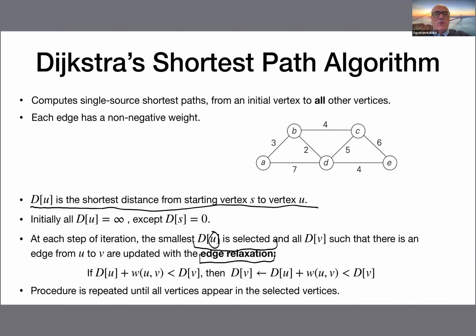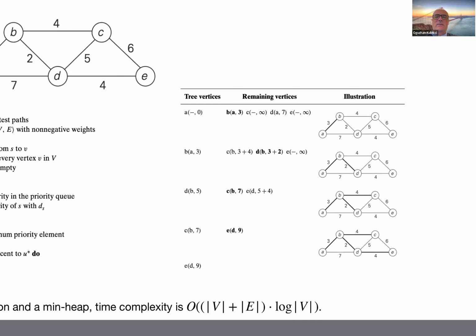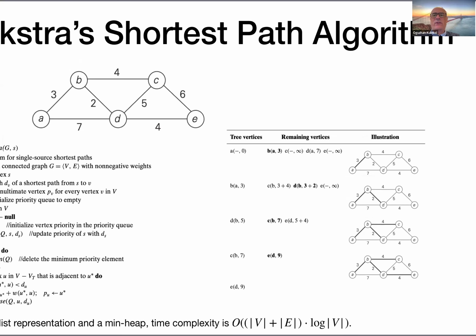If this update provides you a better value, you delete the previous value and make it the new smaller one, else you do not touch it. Okay, so that is the Dijkstra's shortest path algorithm, and here actually we covered almost all of it, but let's see what the book also suggests.